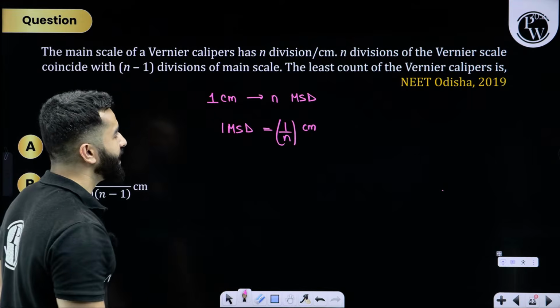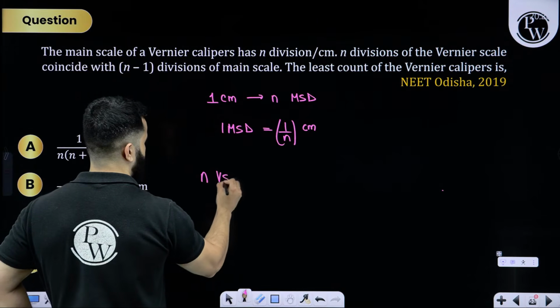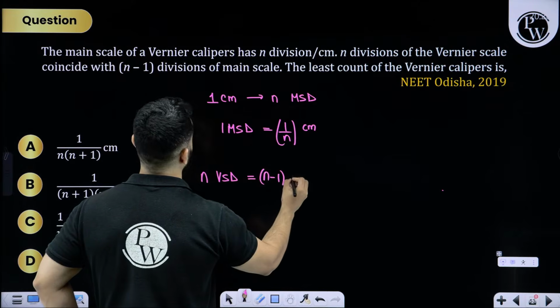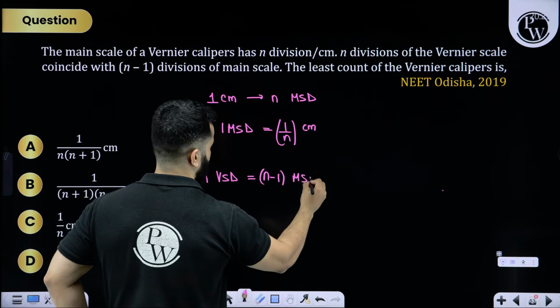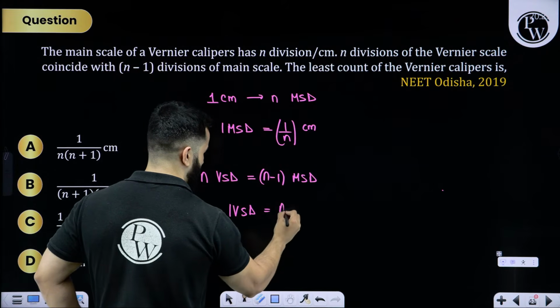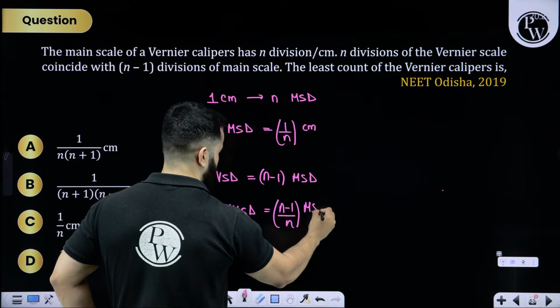Done. N divisions of the vernier scale coincide with n minus 1 divisions on the main scale, which means that one vernier scale division will be equal to n minus 1 divided by n main scale division.